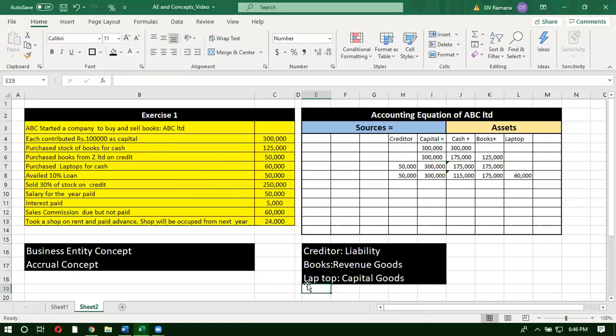So we have to be clear that in accounting, there is a distinction between revenue goods and capital goods. The revenue goods are those goods which are purchased to trade, which are manufactured to trade and make profit, whereas the capital goods are those goods which will be used throughout the year, and are not meant for resale to make profits.